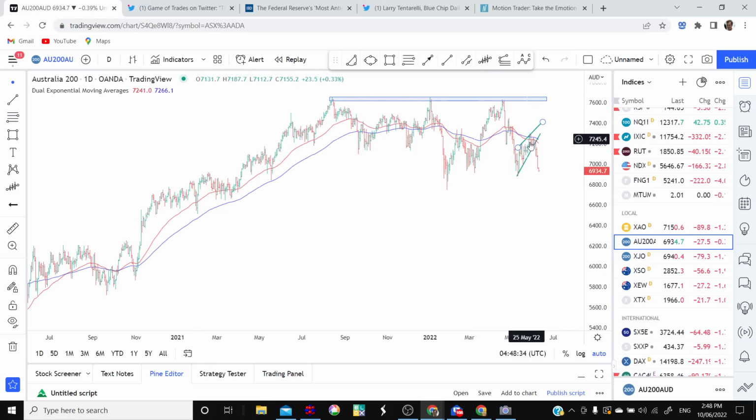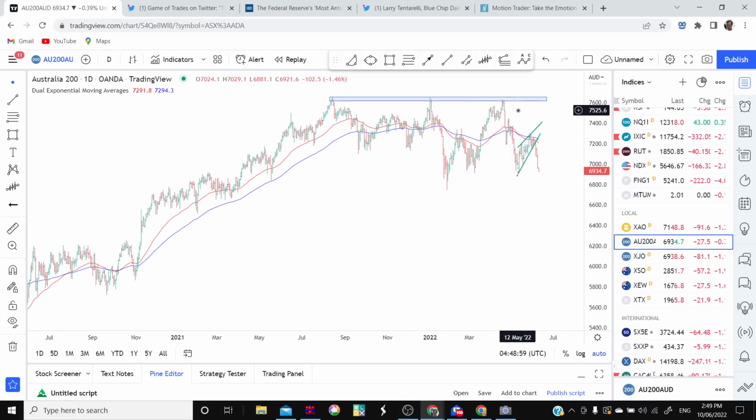But what we're seeing now, cracks are really starting to appear, because it's been a case of a few big stocks really propping this market up. And by big stocks, I mean big resources and big banks. They've been the ones holding the ASX 200 towards the upper end of its range.